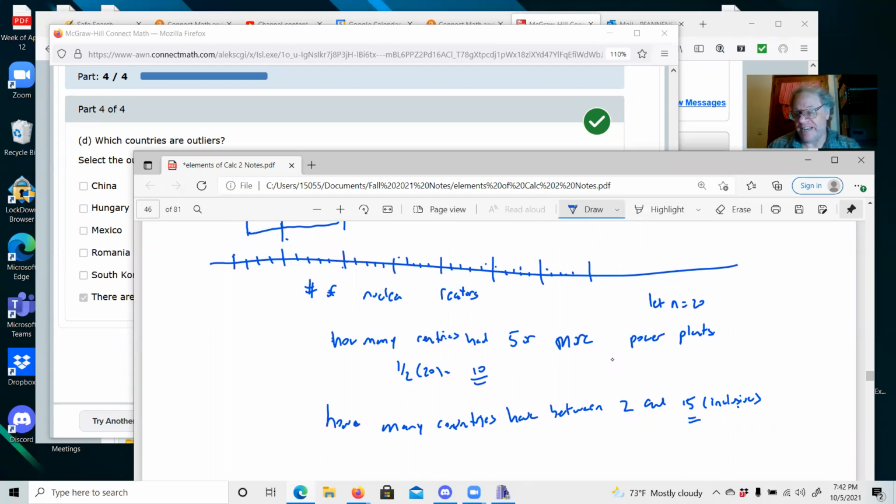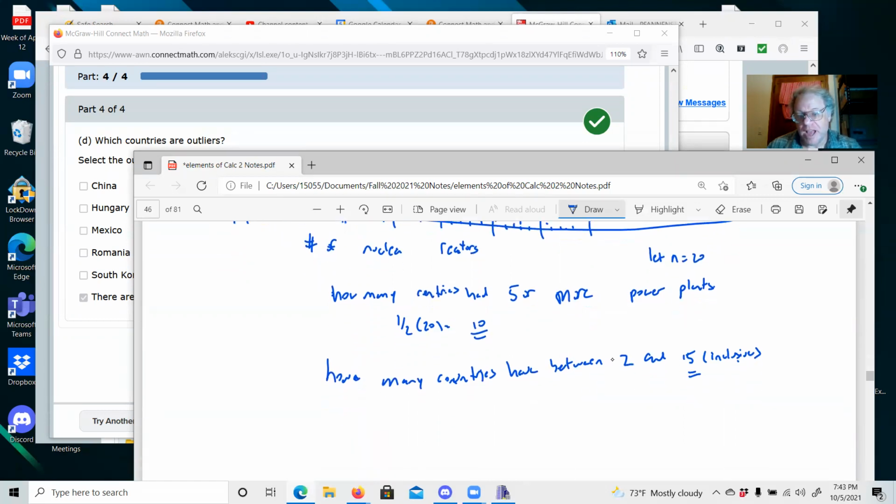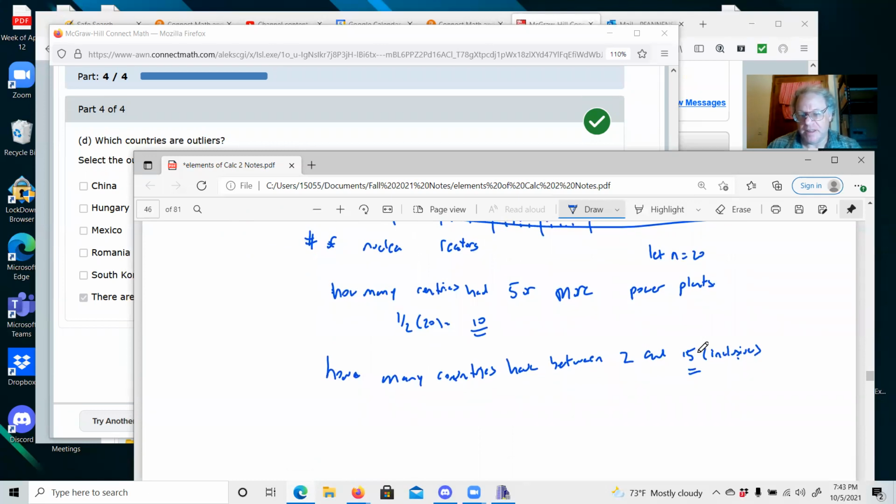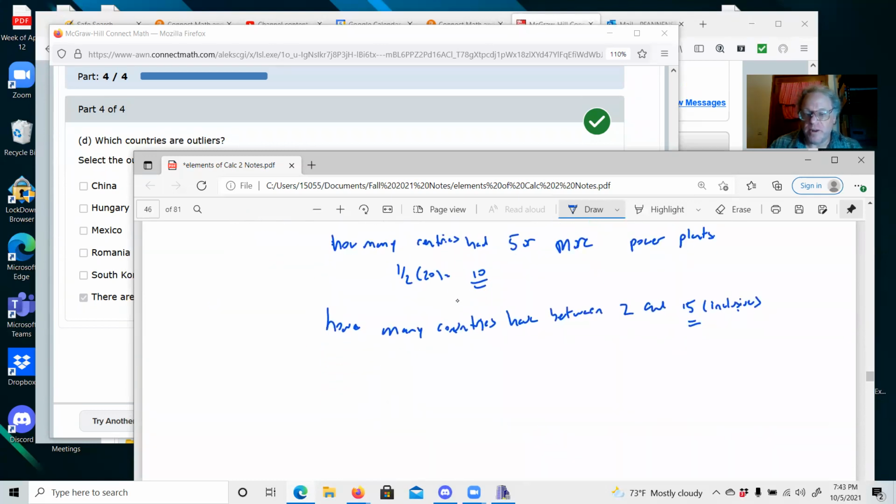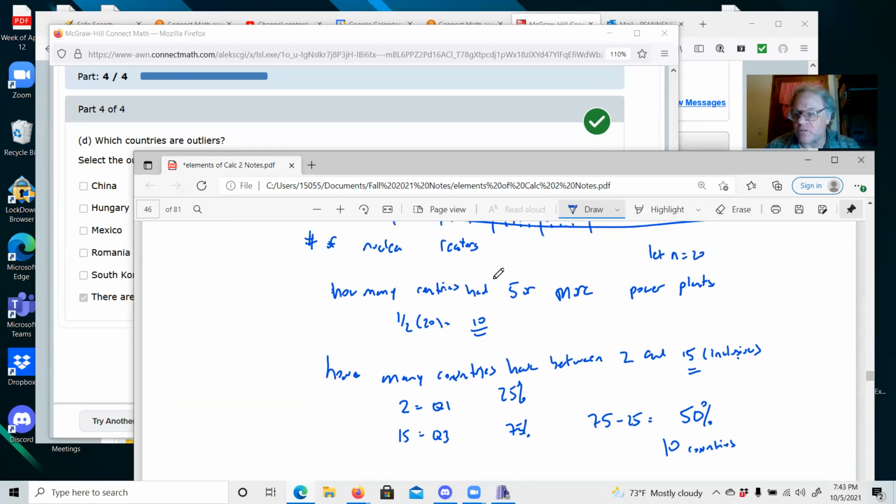Between 2 and 15, it includes 15, because we're counting them. So how many countries have between 2 and 15? Well, 2 is the 25th percentile, right? 2 is equal to quartile 1. And 15 inclusive, that's quartile 3, the 75th percentile. What percentage is between 25 and 75? 50%. There are 10 countries that have between 2 and 15 nuclear reactors.